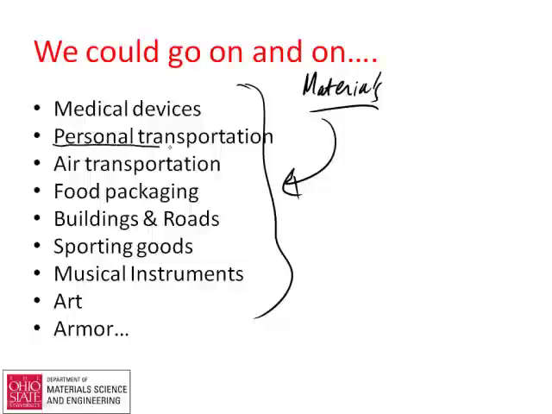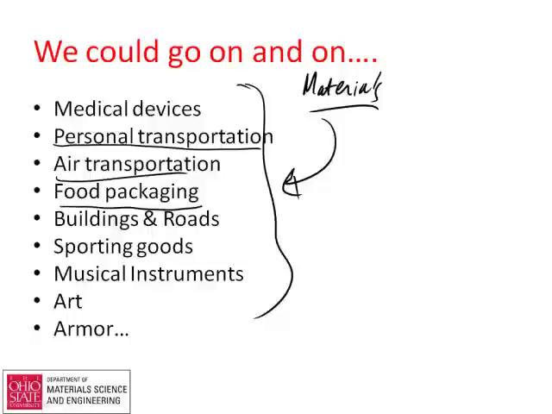Personal transportation, go back even to, say, the jet airplanes came in about the 1960s. That's all been very much enabled by materials. Air transportation was very expensive. It's something we now more or less take for granted. So personal transportation, air transportation, cans are a big deal.